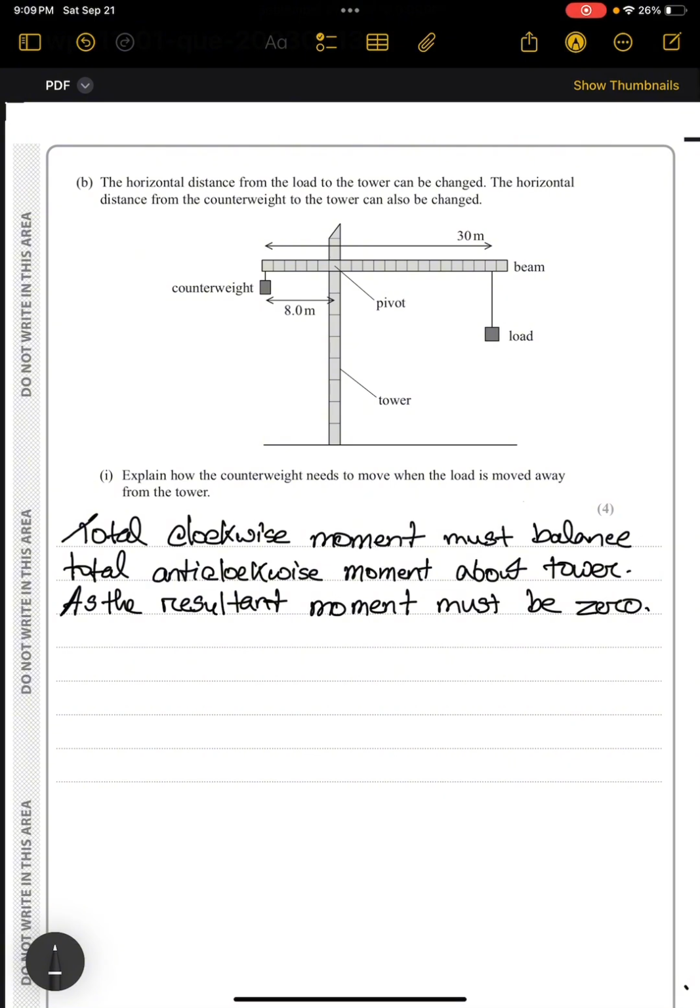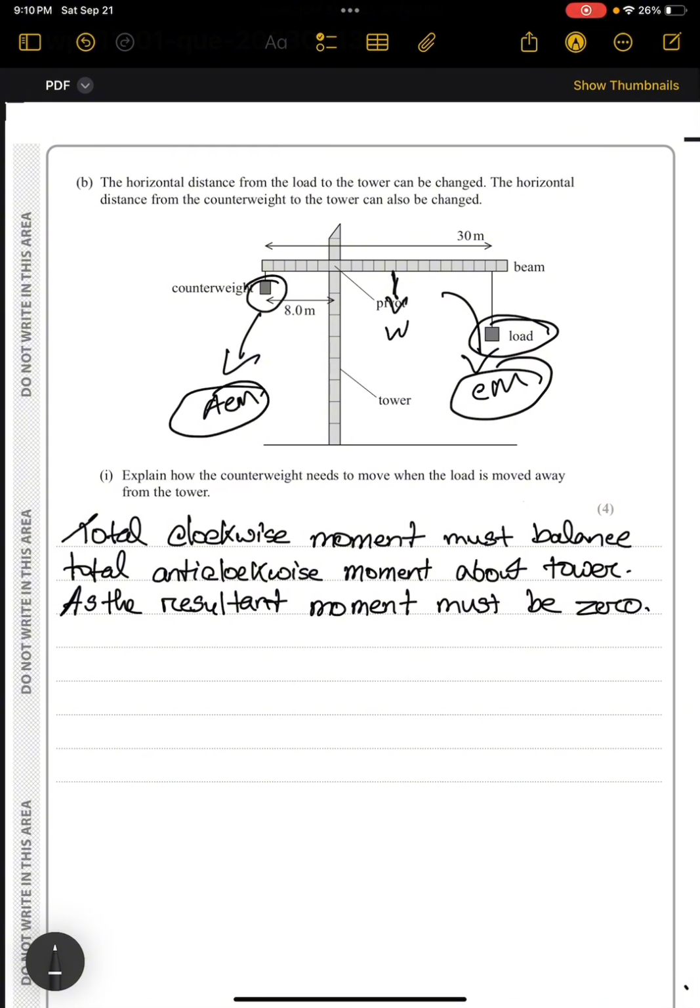This is the anti-clockwise moment and this is the clockwise moment. The clockwise moment is because of the load and the weight of the beam, and the total anti-clockwise moment is because of the weight of the counterweight. Okay, right, let's write it down.